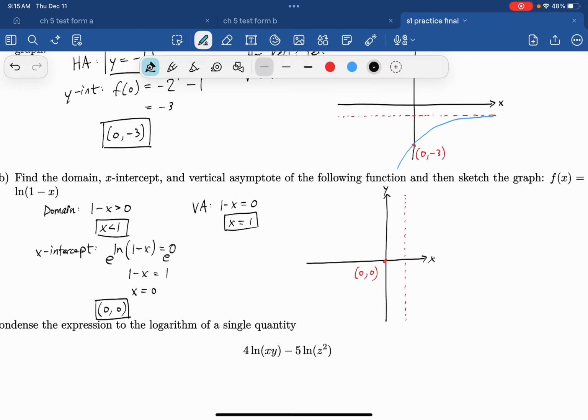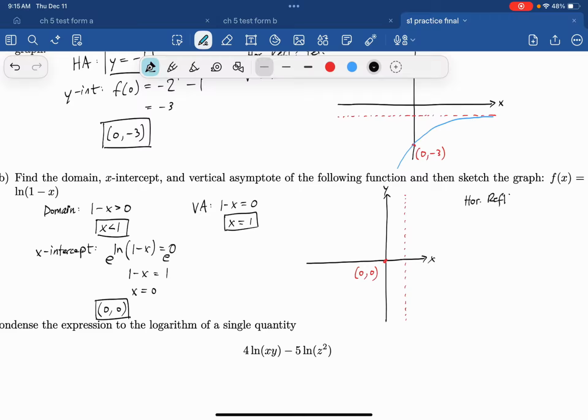So we first think about what the graph would have looked like without any transformations, right? And that's always like this. The graph would have looked like this. So a vertical asymptote, and then it kind of increases like that in the positive direction. But have there been any reflections that have happened? Has there been a horizontal reflection?